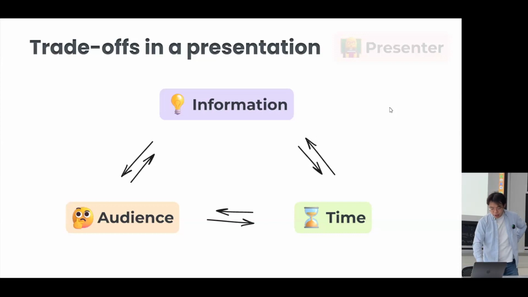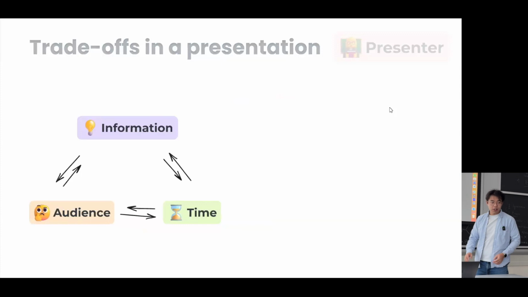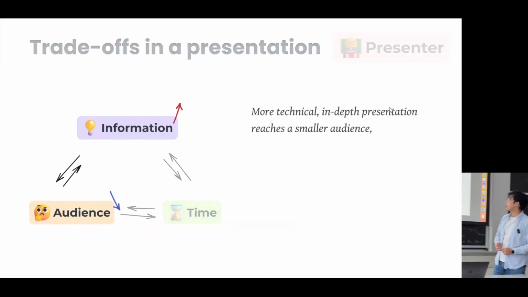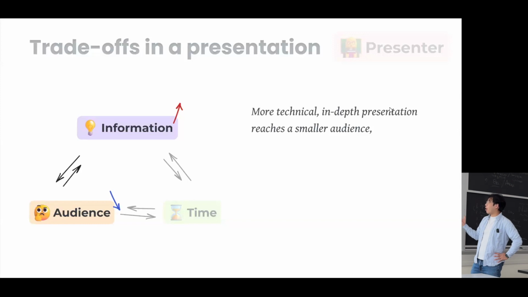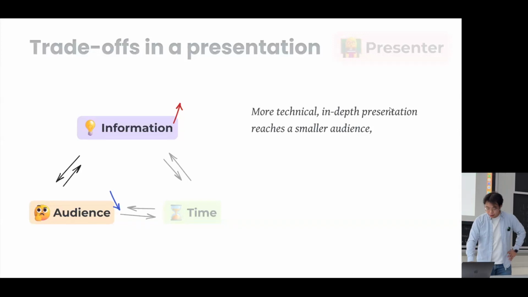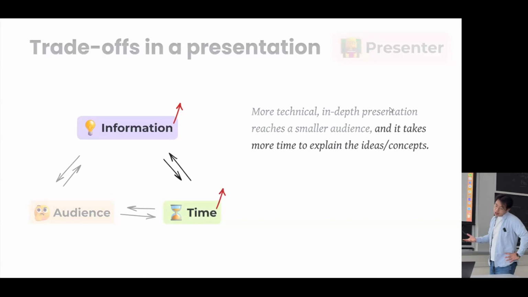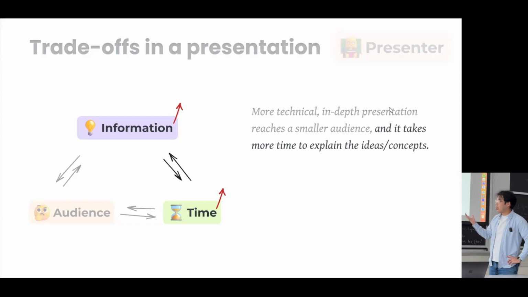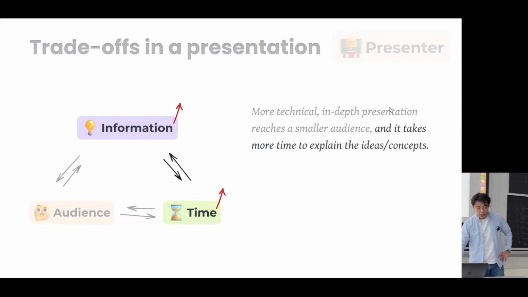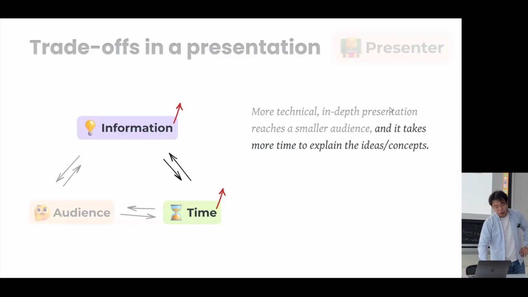More specifically, if you have more technical and in-depth content, that will reach a smaller audience, and it takes more time to explain the ideas and concepts if it's more technical and more difficult to understand.